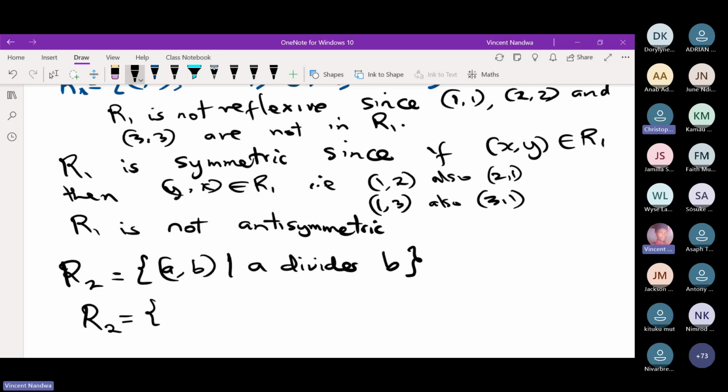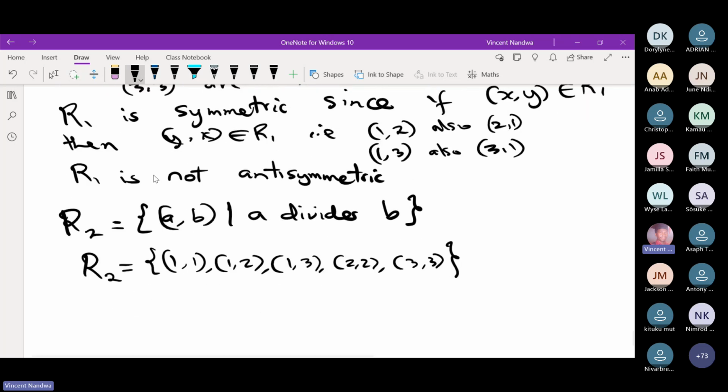What are the elements of R2? 1, 1; 1, 2; 1, 3; 2, 2; 3, 3. Is there any other? No. So from set A, this is what we define as our R2.